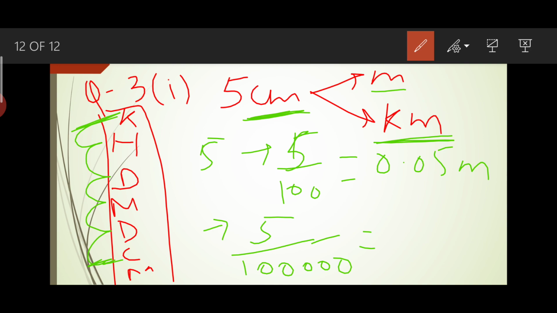So if we are having 5 zeros in the denominator, that means after decimal how many digits will we have? 5. 1 2 3 4 5. But in the numerator we are having only single digit 5, so we will write this 5 at the last place, and in the empty places you will put 0.